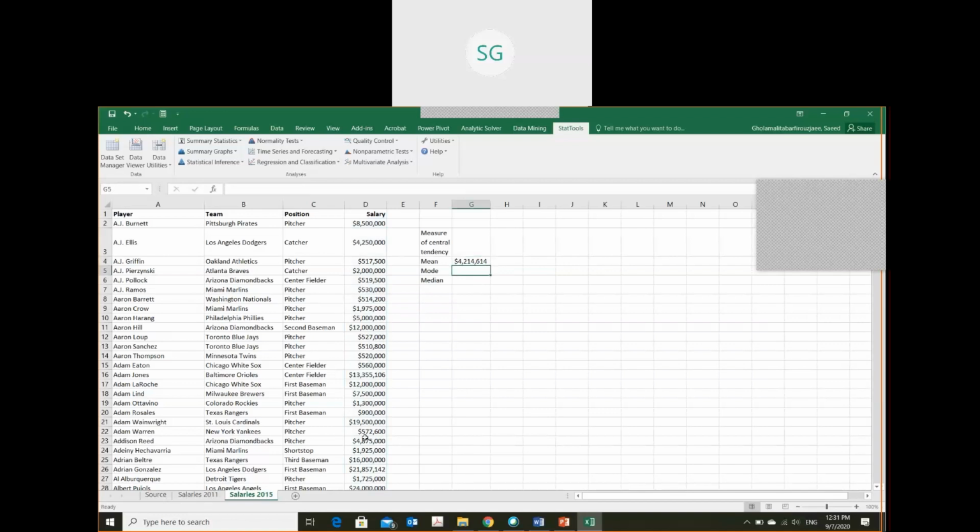For mode, which is the value that occurs most often in this data set, we use the mode function. Again, we use the same range, D2 colon D869.